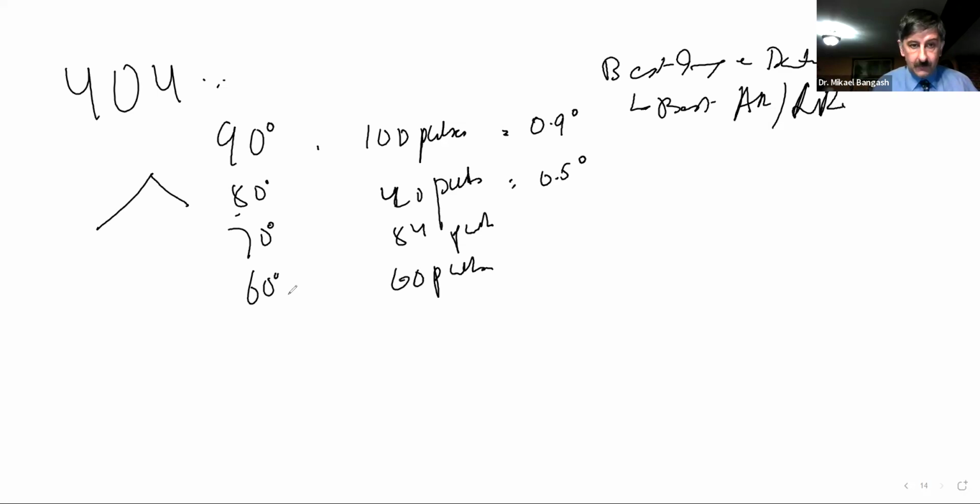Here we can say, well, 60 pulses in 60 degrees, so it's going to be 1 pulse per degree. Here our angle is less and the number of pulses is greater.